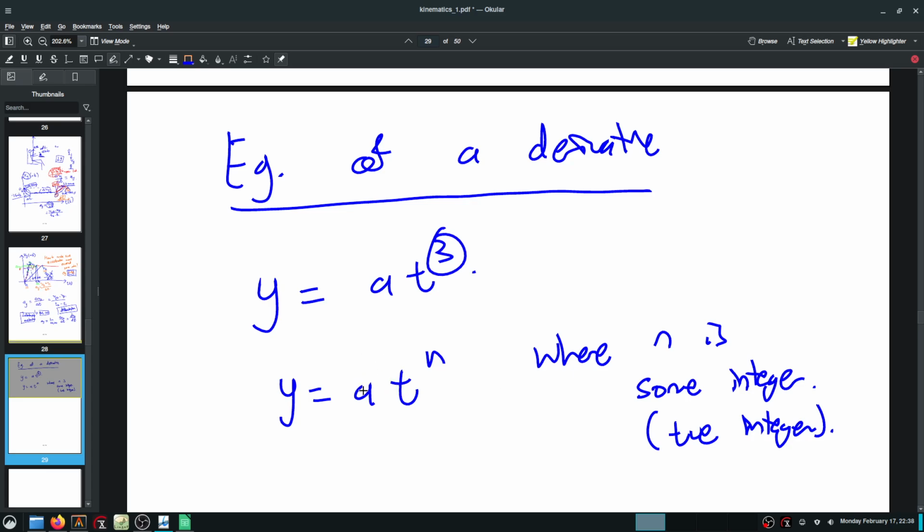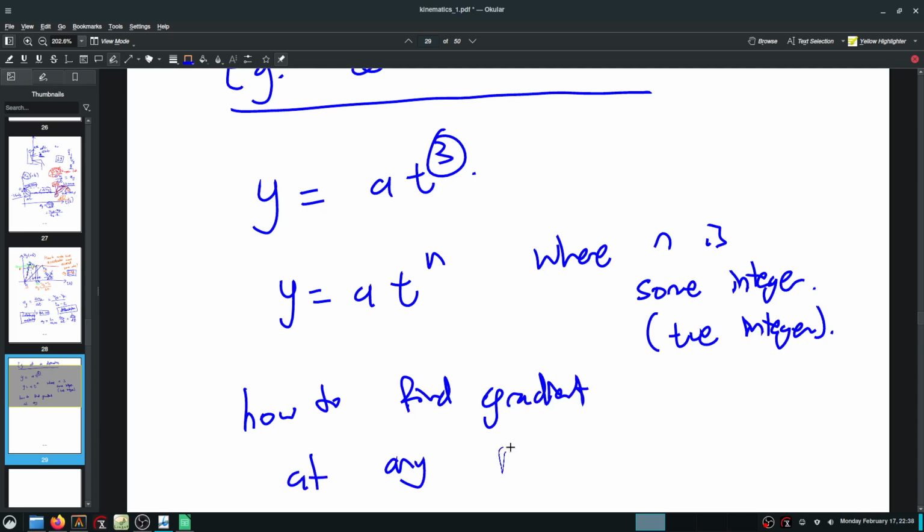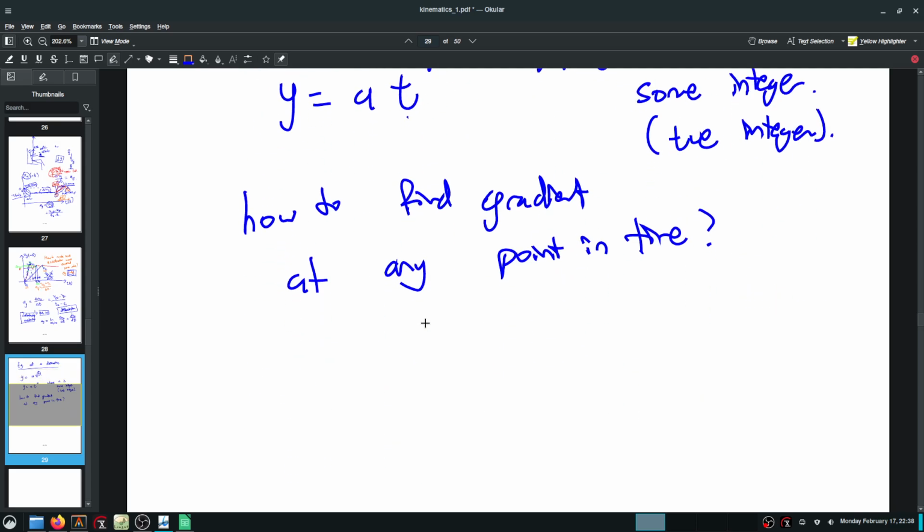Okay, how to find the gradient at any point in time? What you do is this differentiation process.